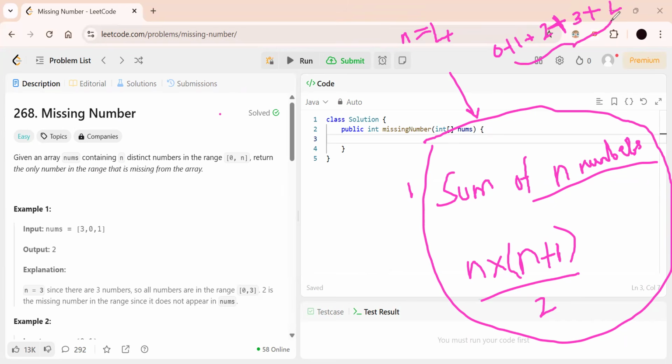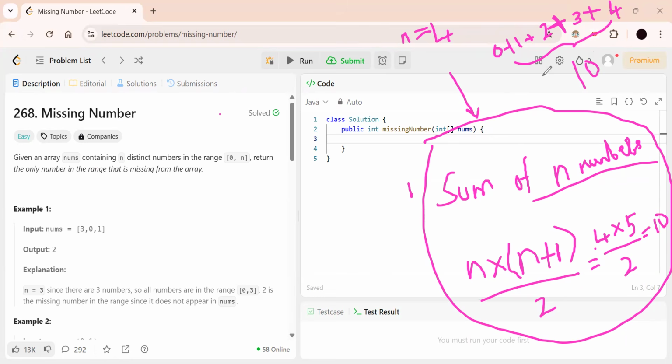What will the sum be here, guys? 10. Correct. Let's use the formula: 4 is the n value, 4 into 4 plus 1, which is 5, whole divided by 2. 4 fives are 20, and 20 divided by 2 is 10.